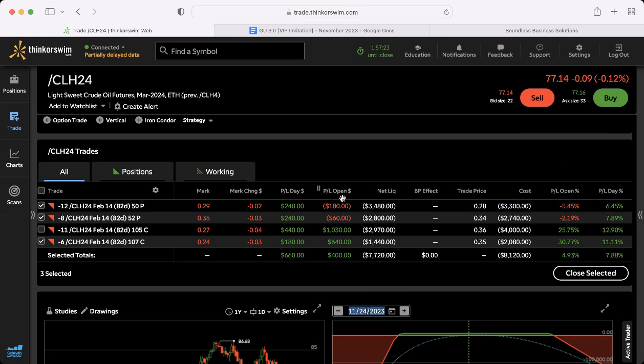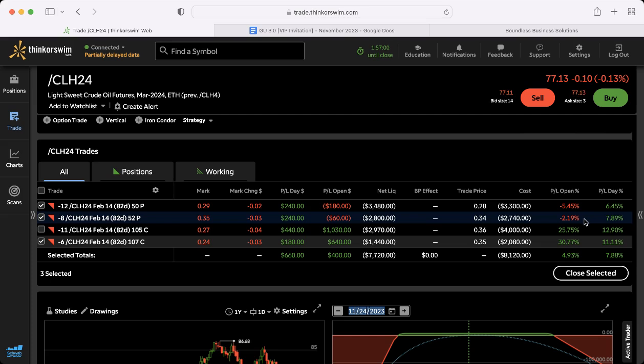Now, if we slide over just a little bit, you can see here my P&L open percentage. So here's the P&L open dollar amount. We're behind on these first two in red. We're ahead on these last two in green. So I'm down 5.45% open on the 50 puts. For the day, I'm up 6.45%.